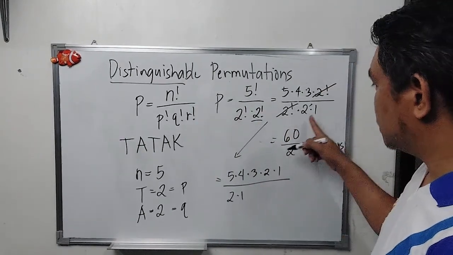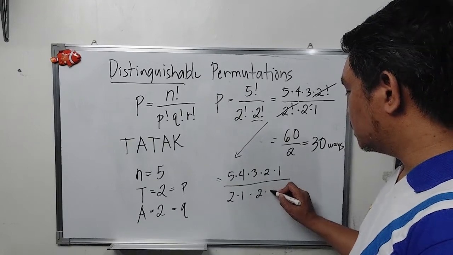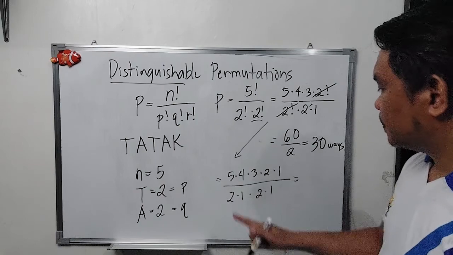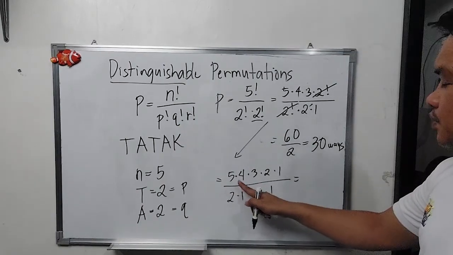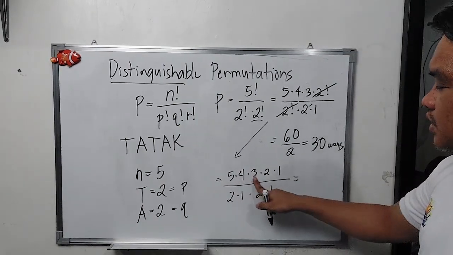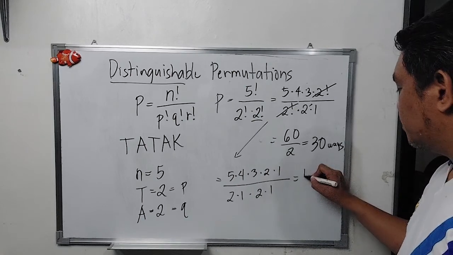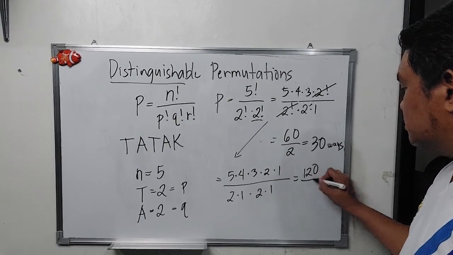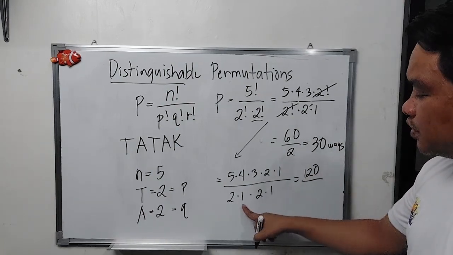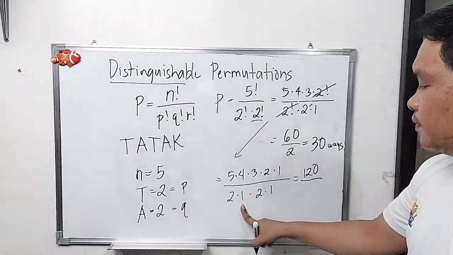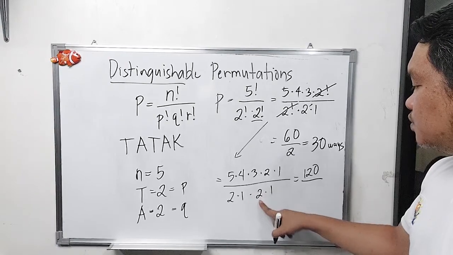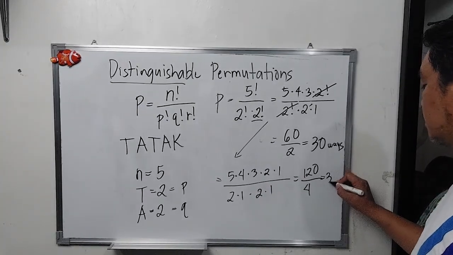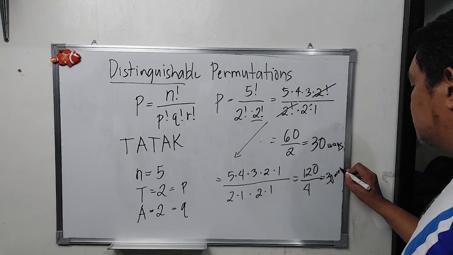Ito, 2 times 1 pa rin naman. And then, multiply nyo na lang to. We have 5 times 4, 20, times 3, 60, times 2. We have 120. Tapos divide mo by 4. 1 times 2 times 1, 2 times 2, 4 times 1 is 4. Then divide mo, you have 30 ways.